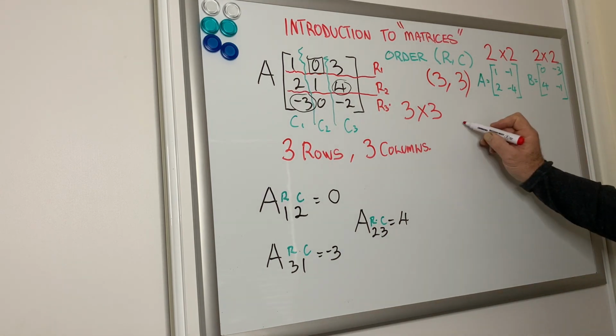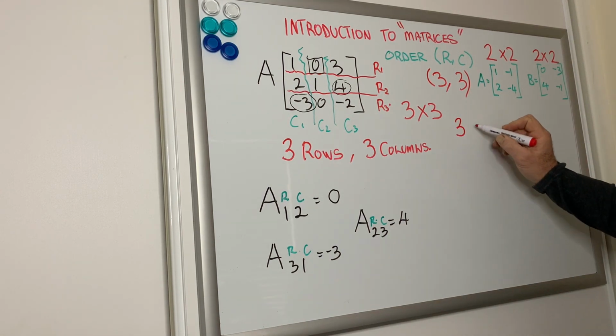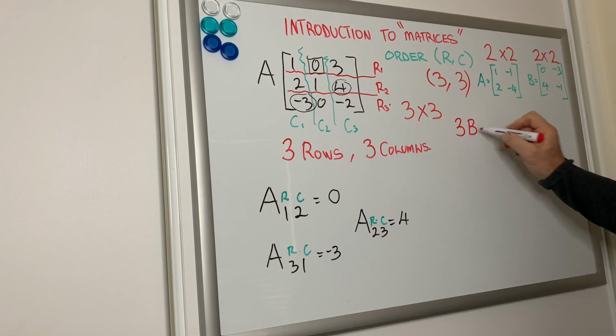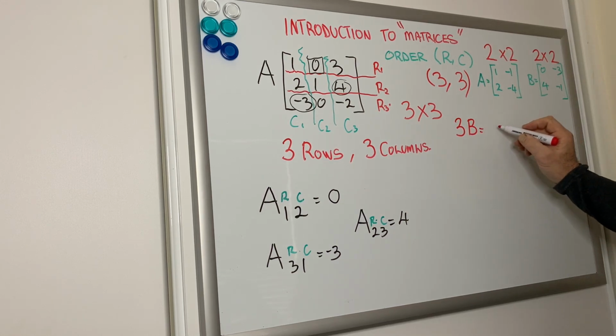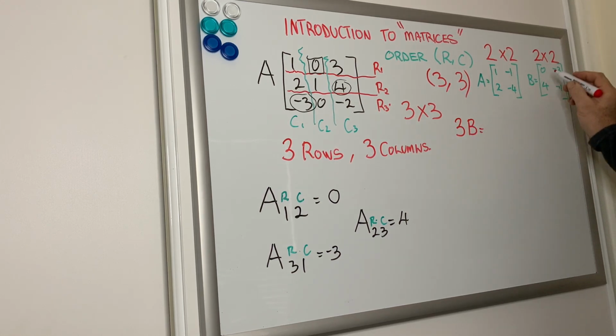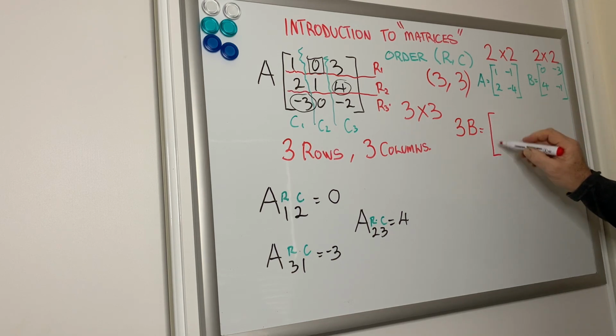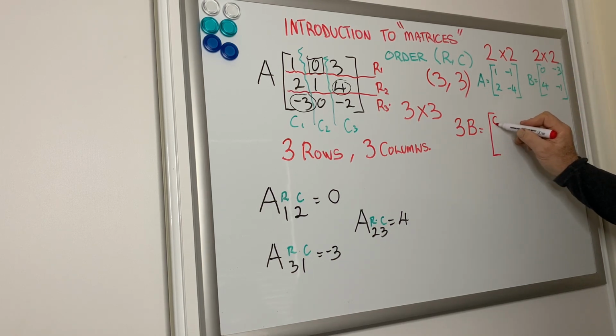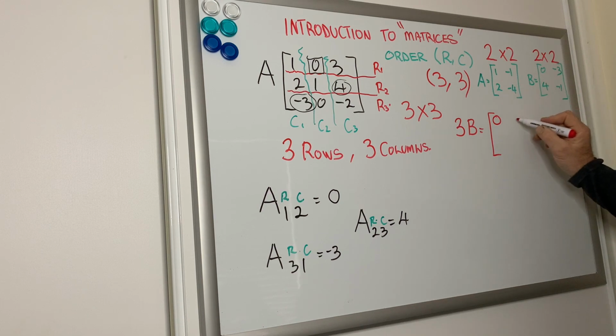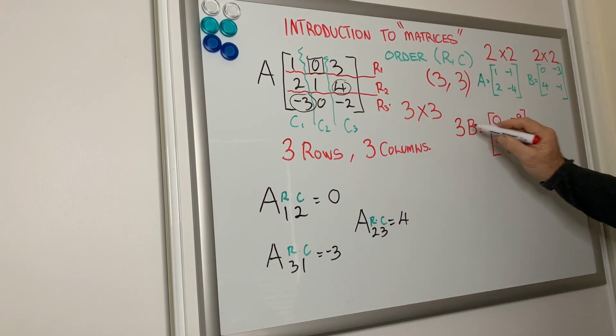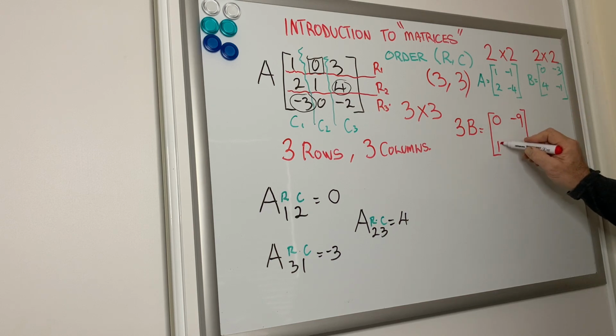And just another example, if we said 3 times B is equal to 3 times 0, which is 0. 3 times minus 3 is minus 9. 3 times 4 is 12. 3 times minus 1 is minus 3.